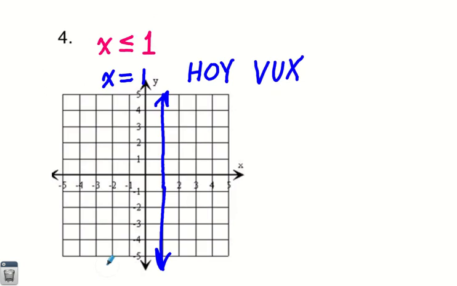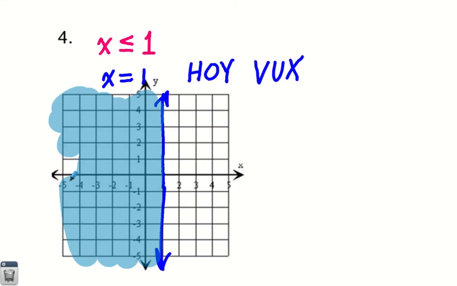You only go with left versus right when it's a vertical line. And so this is less than or equal to, so we shade to the left. But you should always go with above or below otherwise. And that is that.